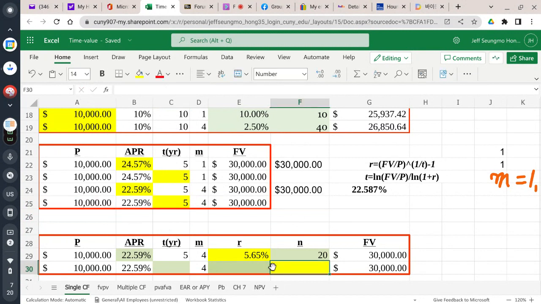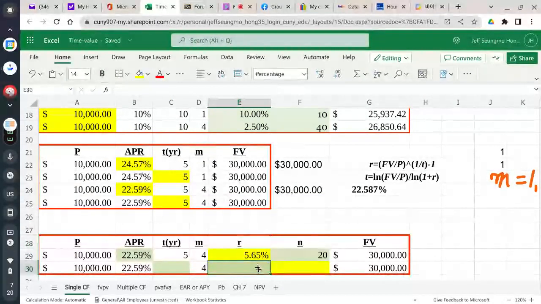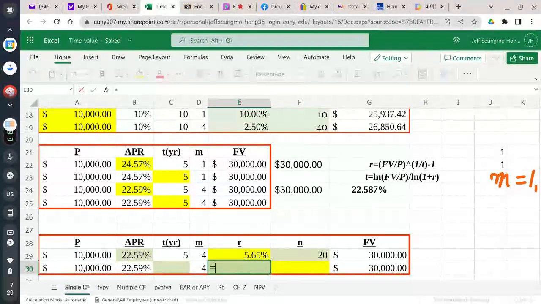Now, if you don't want all that complication, we can just add 2 more columns. The periodic rate at n, and then the log of. Oh no, that's r. We know what r is. It's APR divided by m.